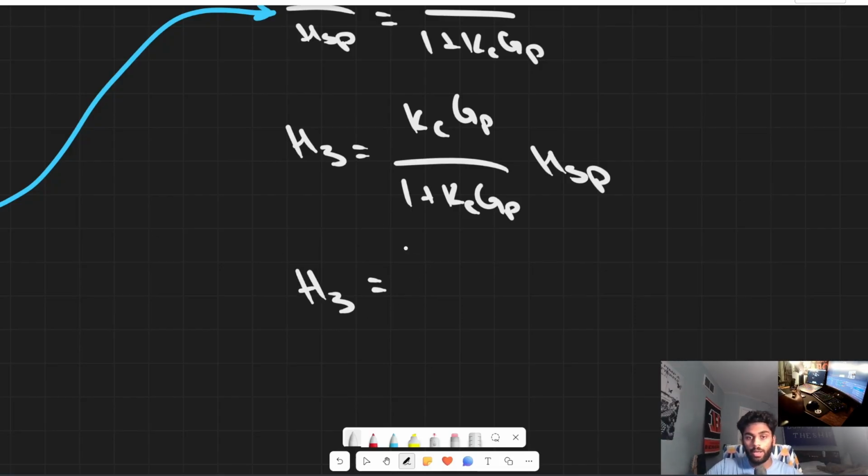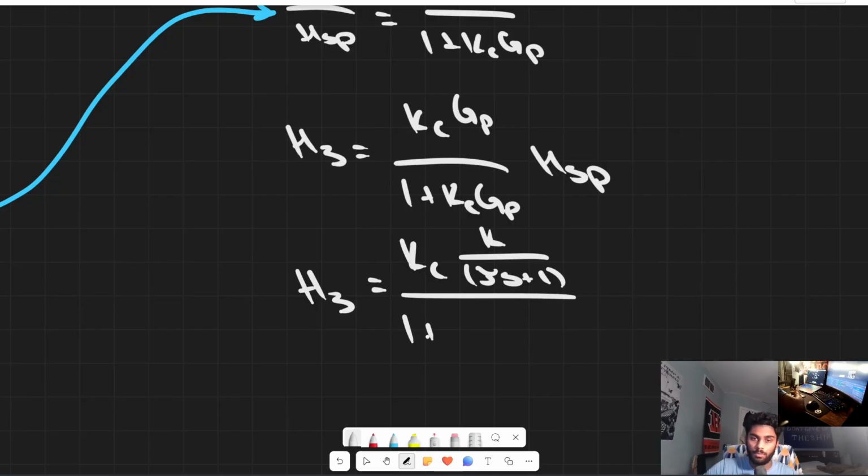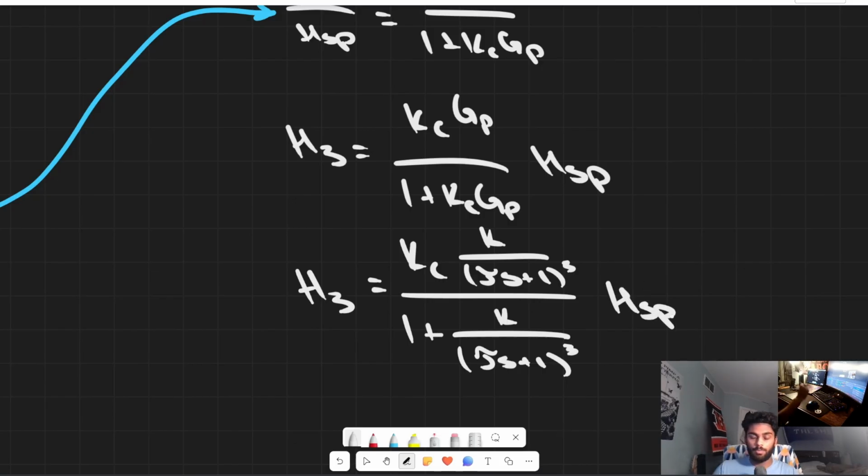So we can go ahead and grab that again. So that's going to be K over tau S plus 1, over 1 plus K over tau S plus 1 cubed, remember, for each of these. So times our set point height.